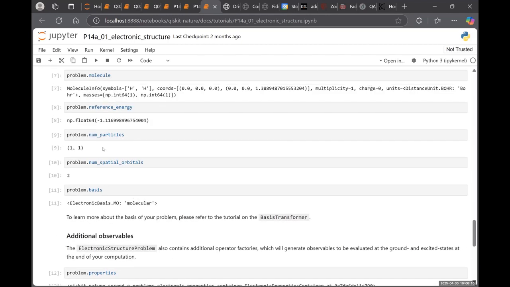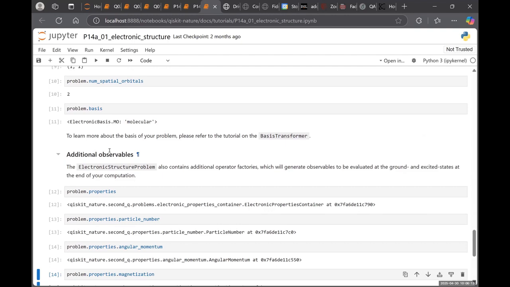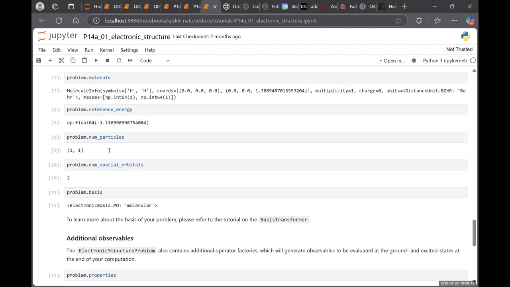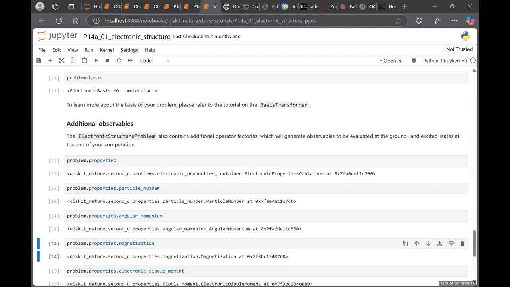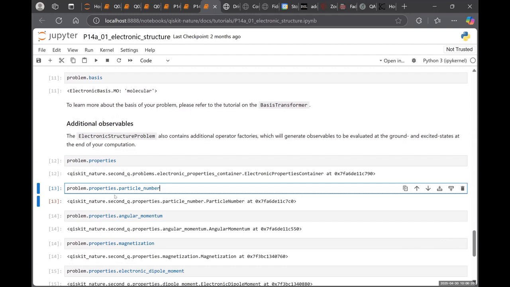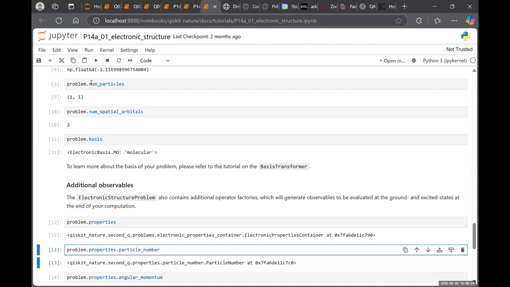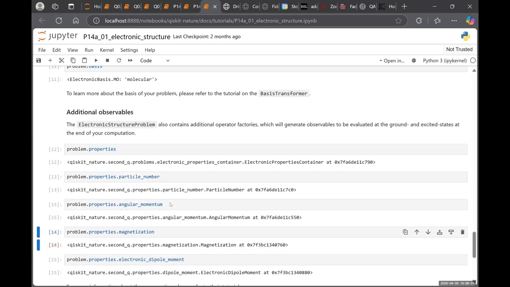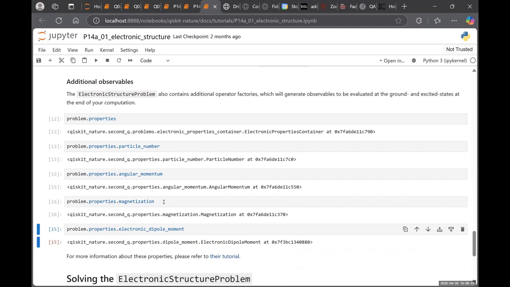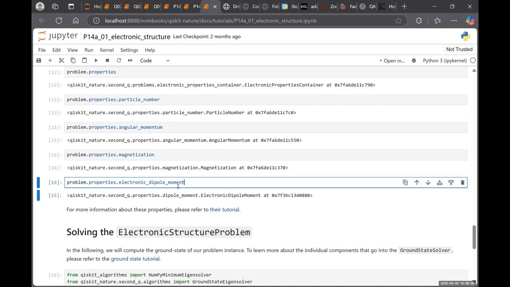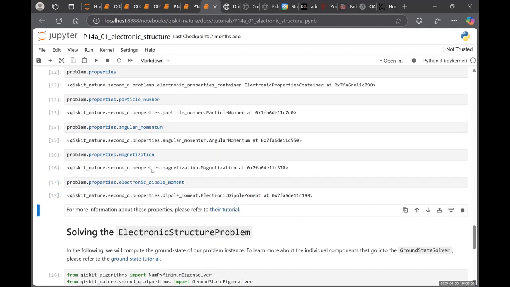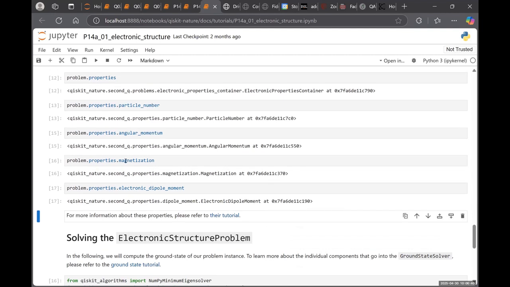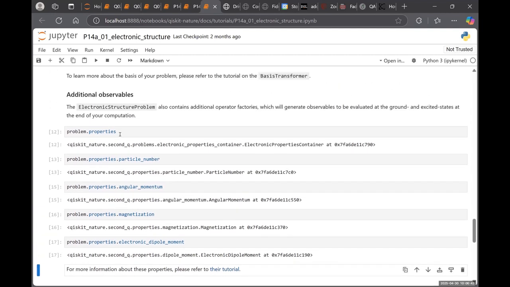There's the number of particles, and also in the properties there's particle number. Momentum, excitation. But somehow it does not print the values, or maybe, I don't know why it doesn't print.